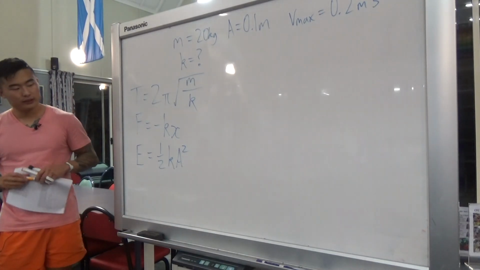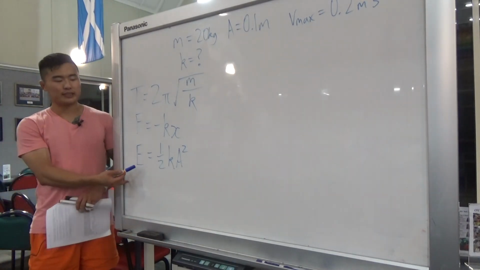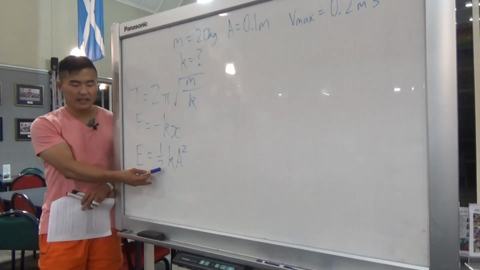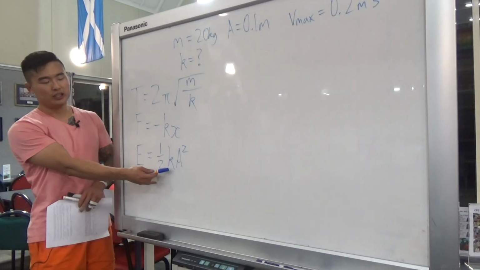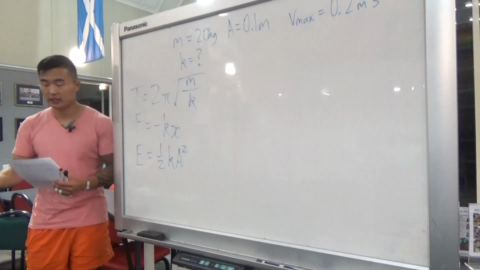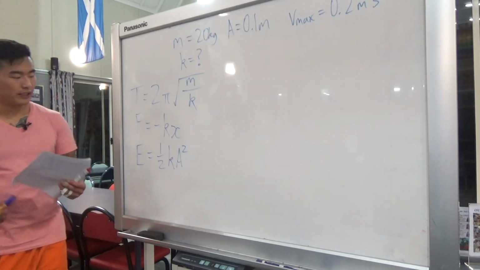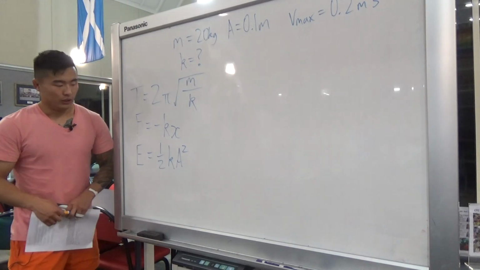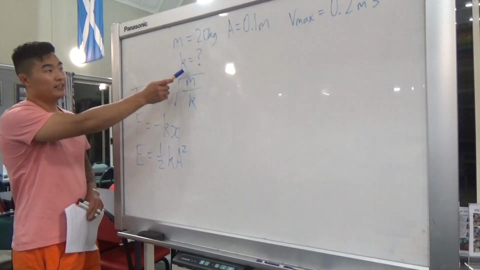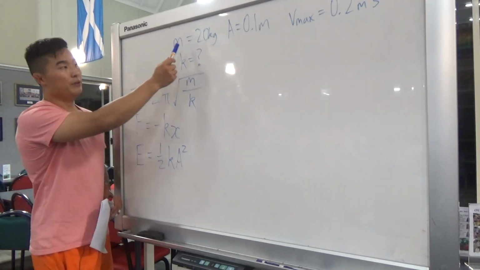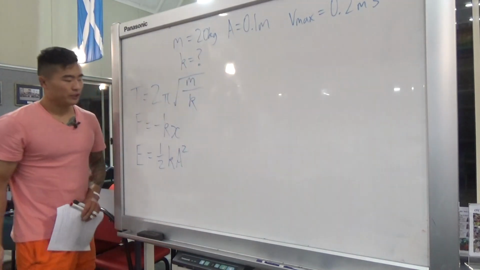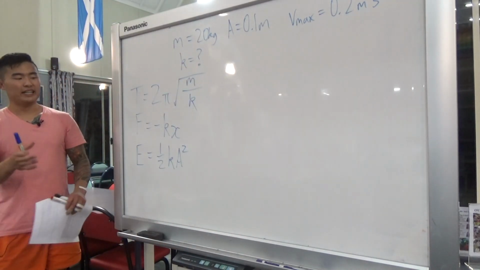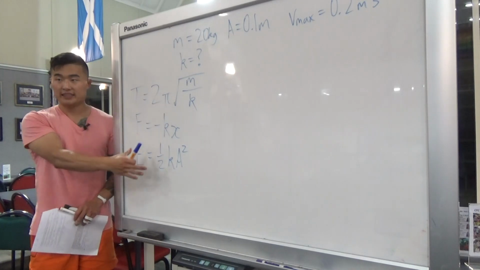So the energy stored in a spring is half times K, the spring constant, multiplied by the amplitude squared. Okay? So here, we want to look for K. We've got M, A, and V, so we haven't actually got anything that fits directly into any of these three equations, right?